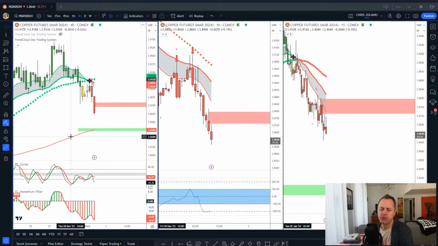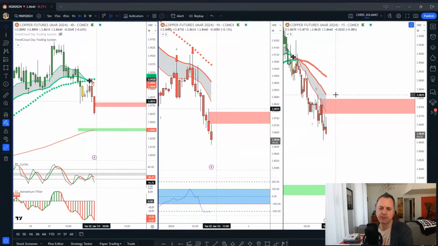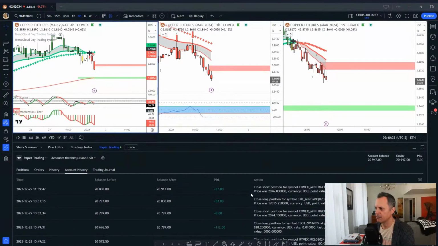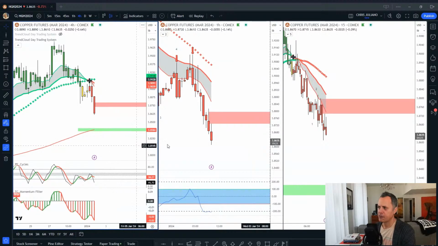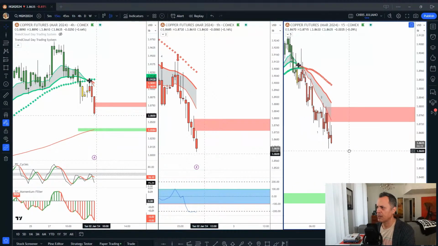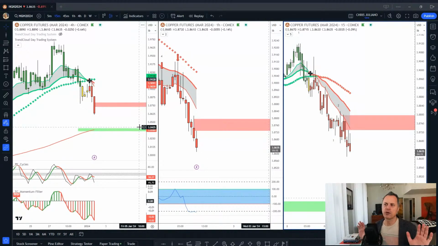So don't confuse yourself by putting the 100 and 200 on every single time frame. You don't have to. And we don't. And we're doing very well, as you can see, with our process here. So TrendCloud is color coordinating everything for us.